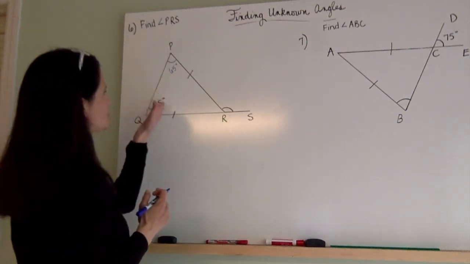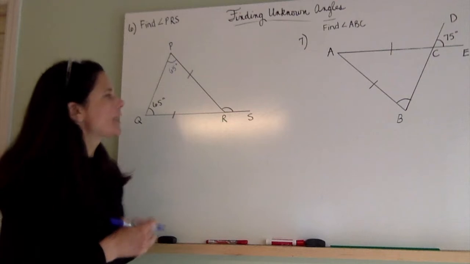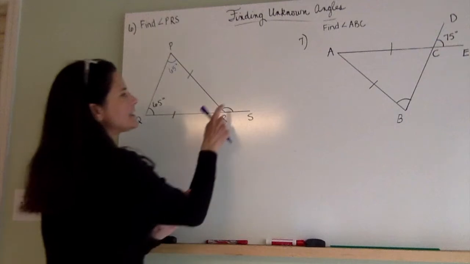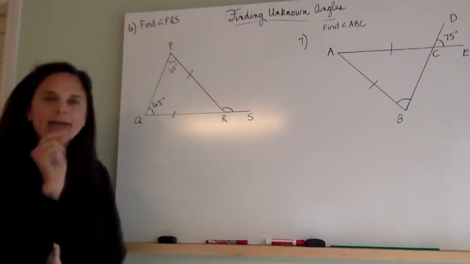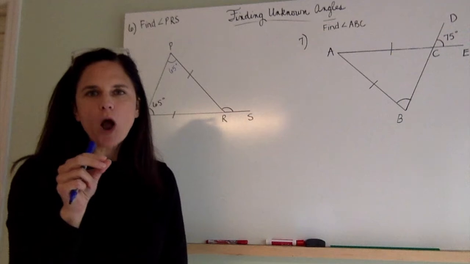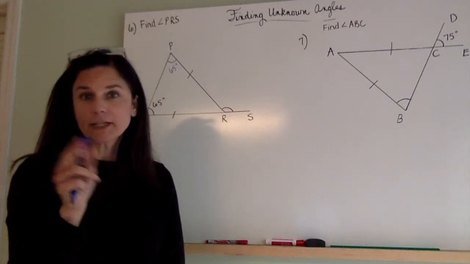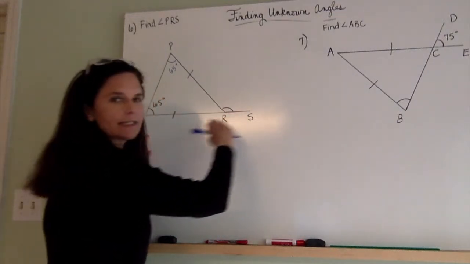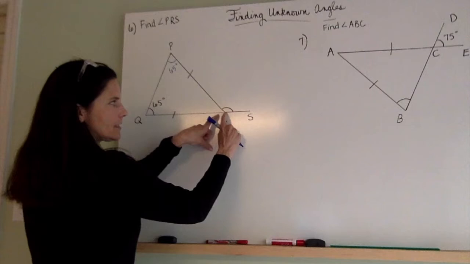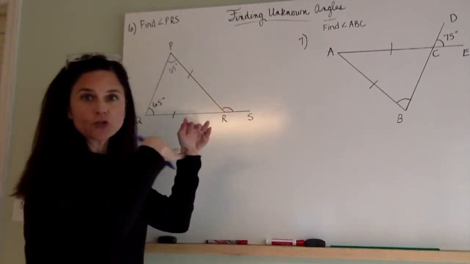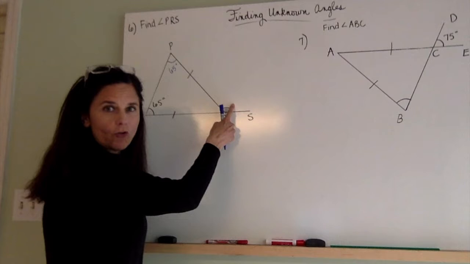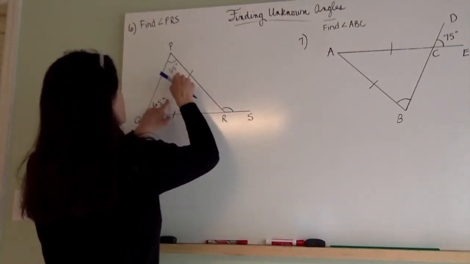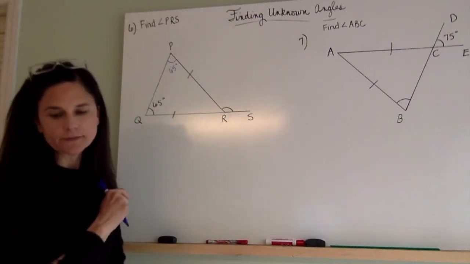So we now have two of the three angles in the triangle. But we're not asked to find the third angle in the triangle. Instead, we're asked to find the exterior angle. Let's think back to the property of an exterior angle in a triangle. If one of the sides of a triangle is extended in a straight line, then that exterior angle is equal to the sum of the two opposite interior angles.